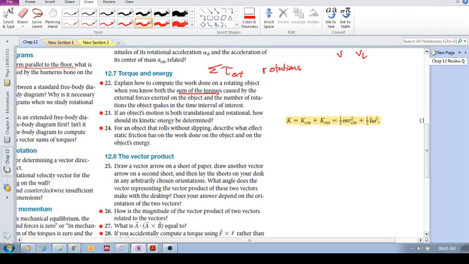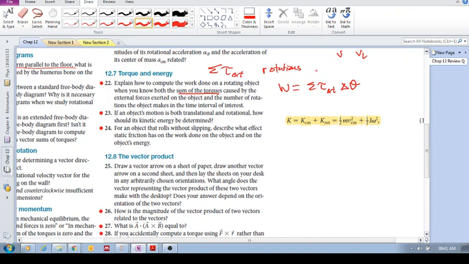The number of rotations the object makes in the time interval of interest. Well, we know that work is given by this sum of external torque times delta theta.